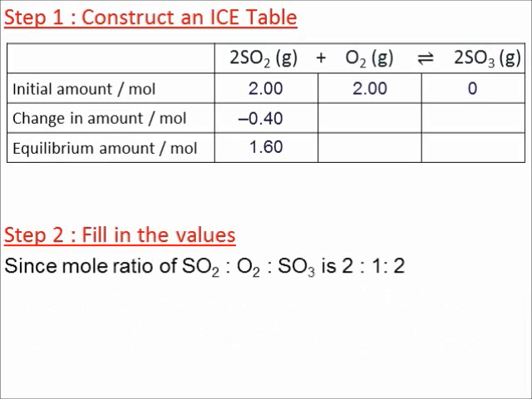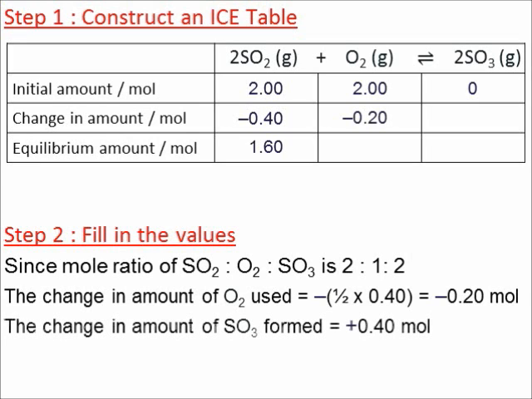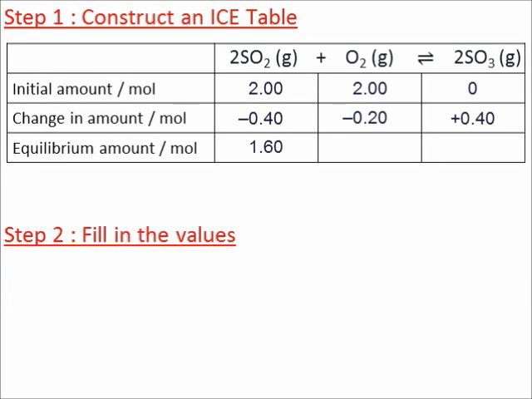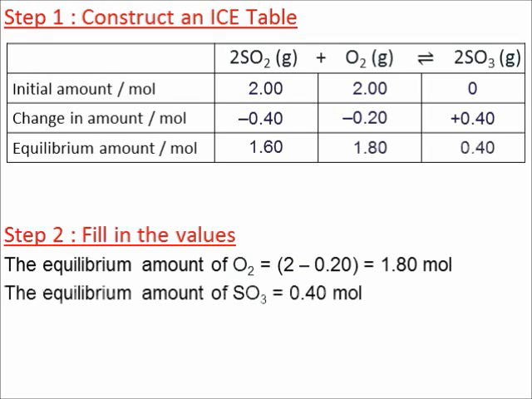From the stoichiometry of the reaction, we see that the amount of oxygen used is half the amount of sulfur dioxide, while the amount of sulfur trioxide produced is the same as the amount of sulfur dioxide used. And we obtain the equilibrium amounts of oxygen and sulfur trioxide.